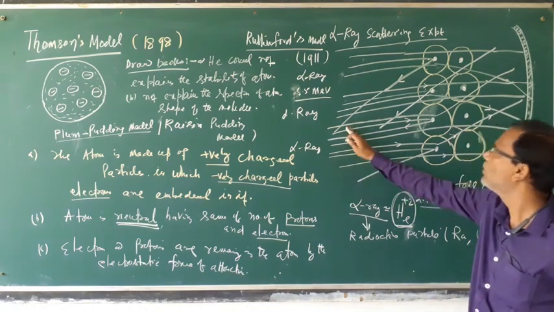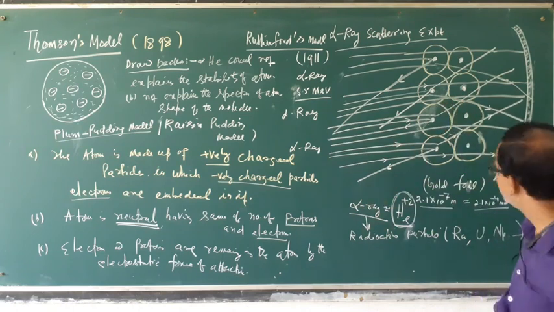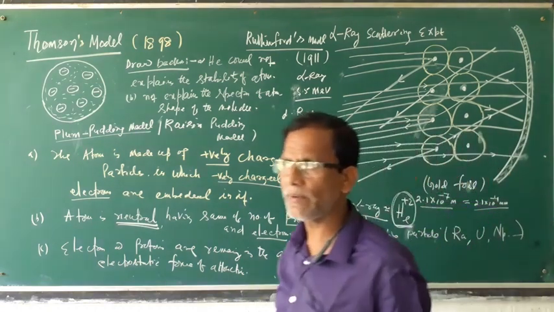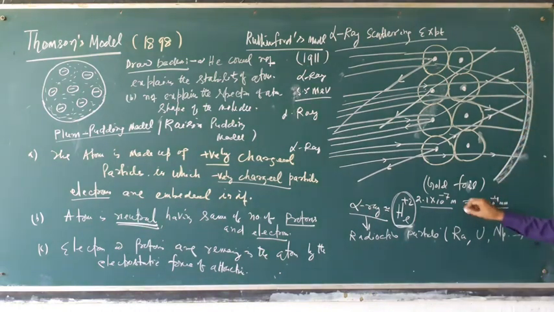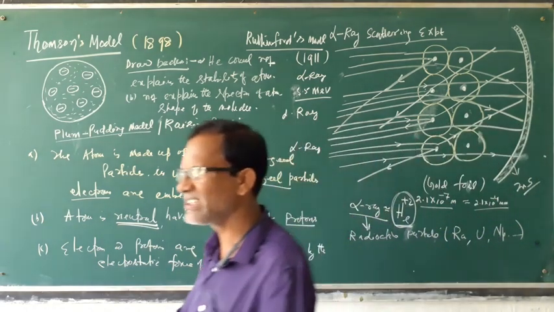When the alpha ray passes through the gold foil, at the opposite side of the gold foil, a circular photographic screen was placed, just at the back side of the gold foil. It is also coated with zinc sulfide. Already we have discussed in the last class that zinc sulfide is a fluorescent substance.